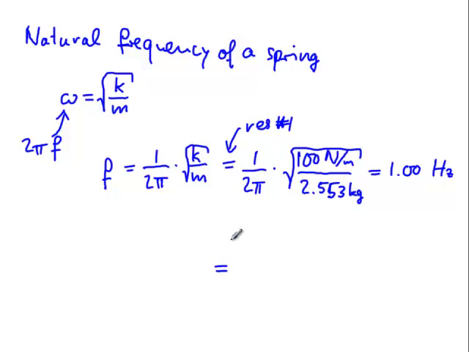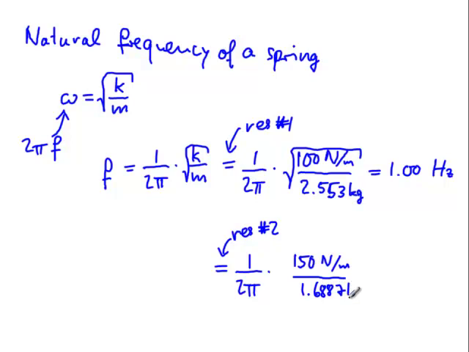And then for resonator number 2, it starts out the same, 1 over 2 pi, and then that one was rated at 150 Newton meters divided by 1.688 kilograms. They wanted to really give that exactly to us.